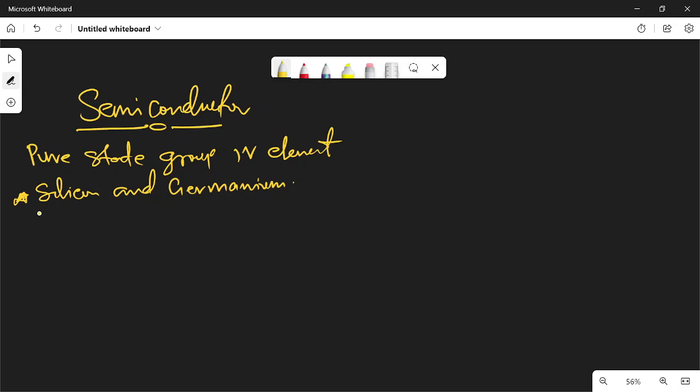So if they do not contain ions that are necessary for electrical conduction, then we say semiconductors in their pure state are insulators. Are we together now? Semiconductors in their pure state are insulators. And we call them intrinsic semiconductors.